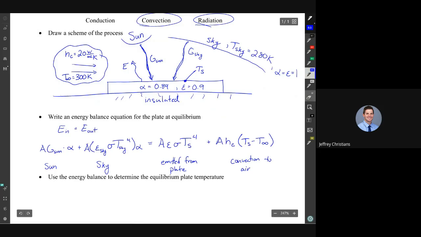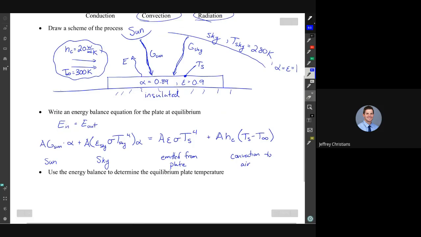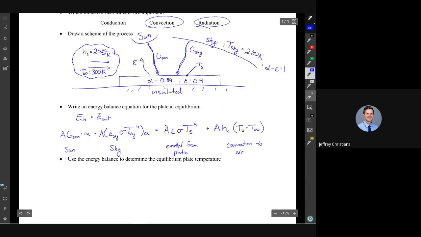Okay, the last bit, and we'll finish there: how would we go about actually figuring out the equilibrium temperature? The trick is once we have multiple modes of heat transfer, if radiation is one of them, it stops being really straightforward.